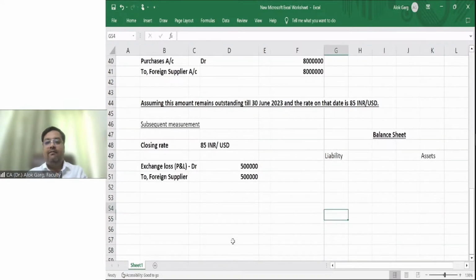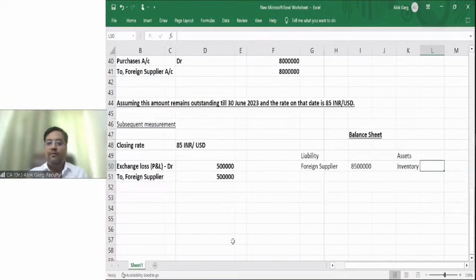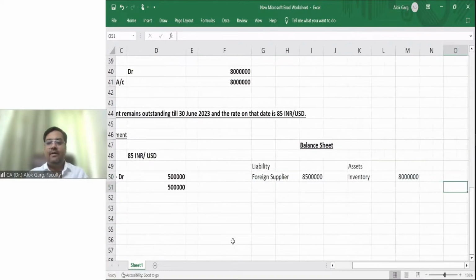So this liability will be foreign supplier by how much? 5 lakh plus 80 lakh, 85 lakh. You have inventory in your balance sheet, which is raw material, let's say 80 lakh rupees, which you have debited, right?